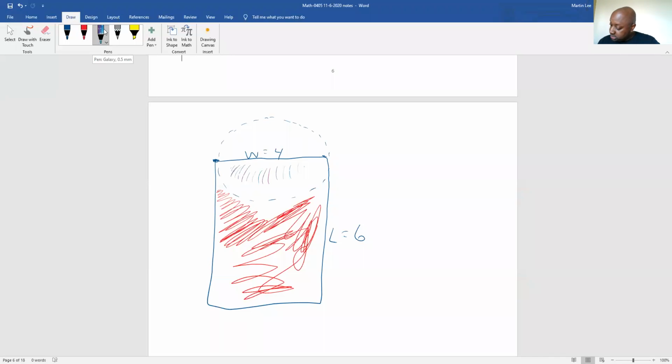Number two, since this width is 4, but that side of the rectangle is also the diameter for the circle. Well, I only need half of the diameter, so I need just half of 4, which is 2. So 2 is going to be the radius that I'm going to use.